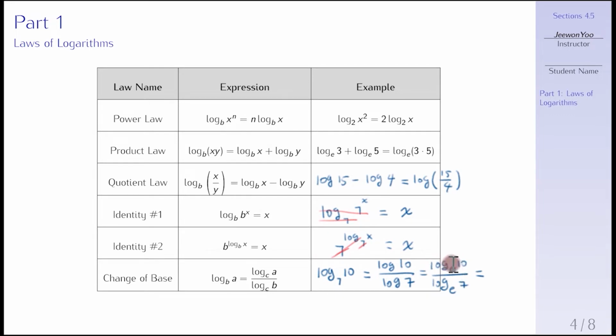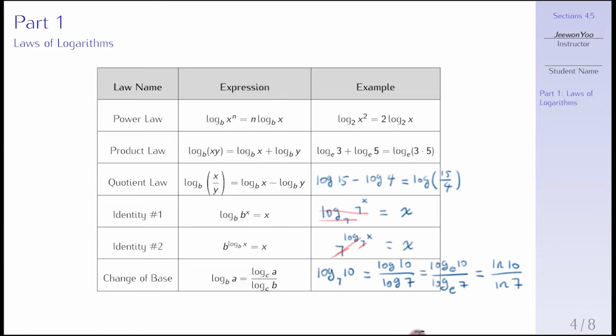Log base e is equivalent to the natural log, ln. So did you notice that this expression is equal to this one, is equal to this one, is equal to this one? So you are free to choose any base that you like to use, as long as the base is valid.